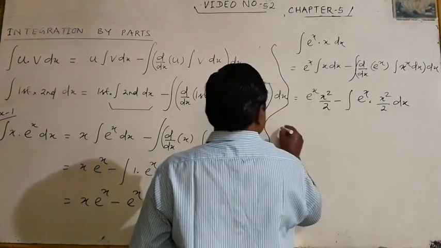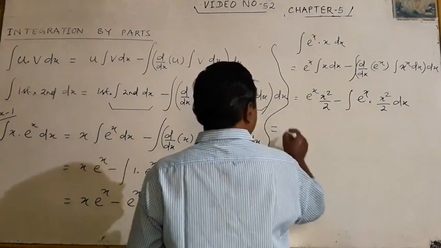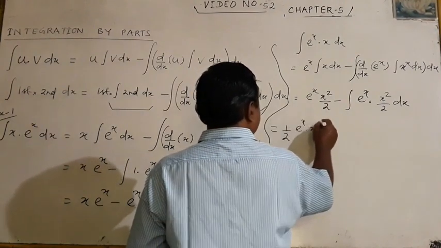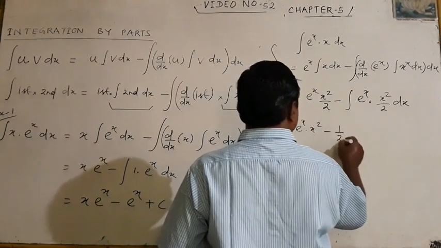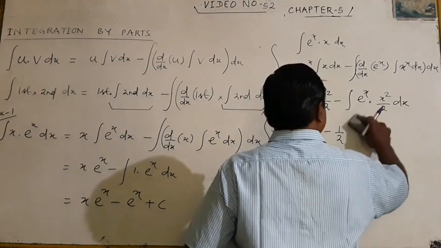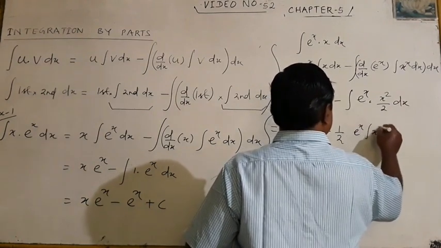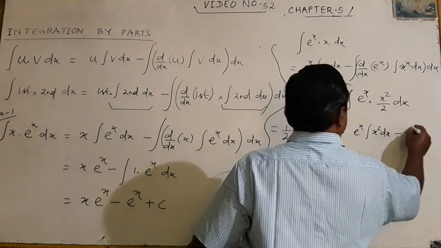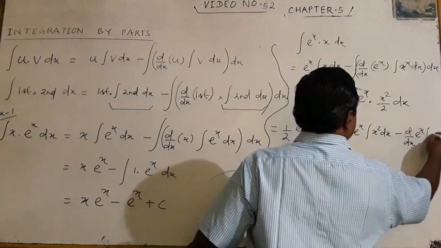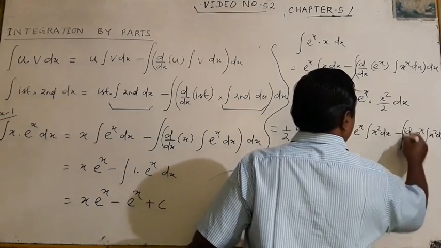Then it is 1 by 2 e to the power x into x square minus 1 by 2 integration of e to the power x into x square, means first integration of x square minus derivative of e to the power x, integration of x square dx, total integration.